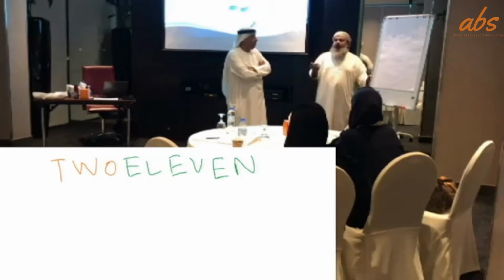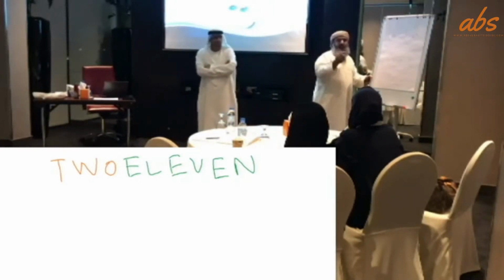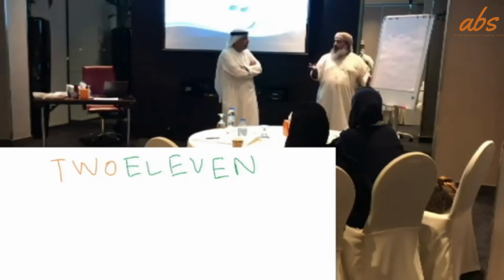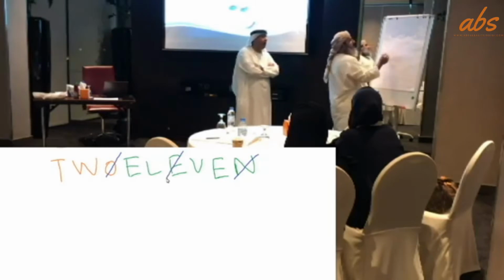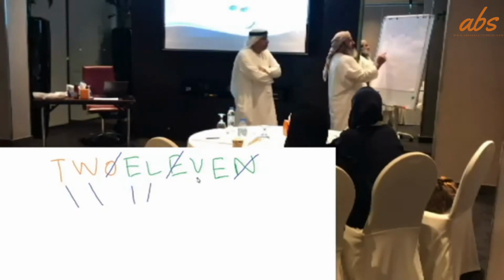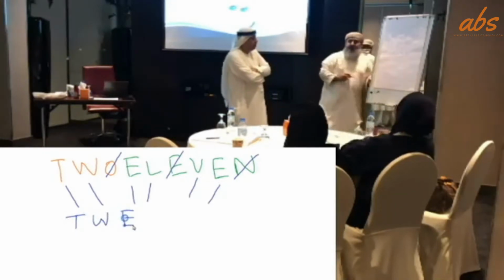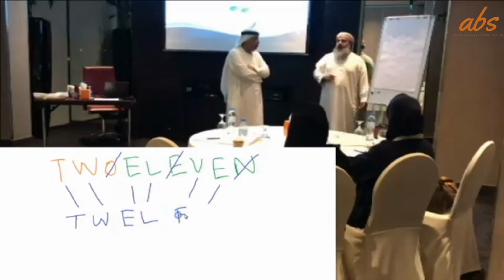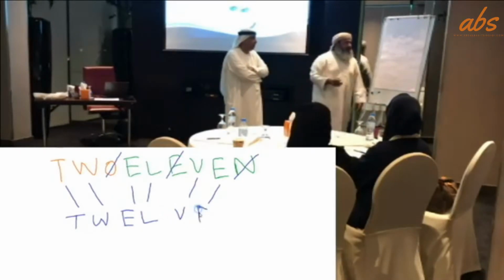And if I subtract 1 from 13, 1 means what? O-N-E, 1, right? Yes. So I can make 1, what's remaining? T-W-E-L-V-E, right? Yeah. This is just to start, break our silence, nothing else.